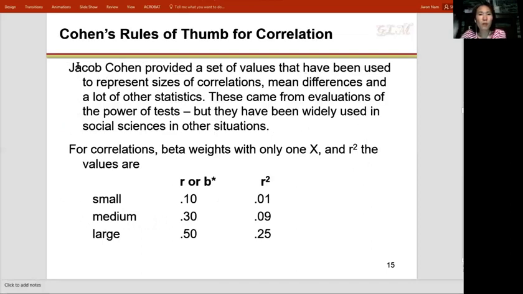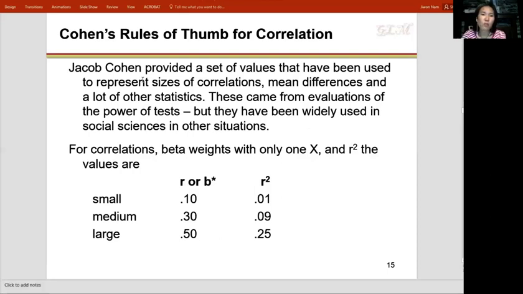Jacob Cohen provided a set of values that have been used to represent sizes of correlation, mean differences, and a lot of other statistics. These came from evaluations of the power of tests, but they have been widely used in social sciences in other situations.